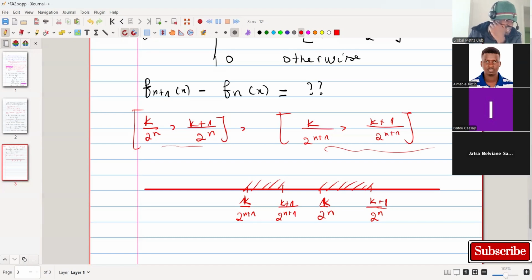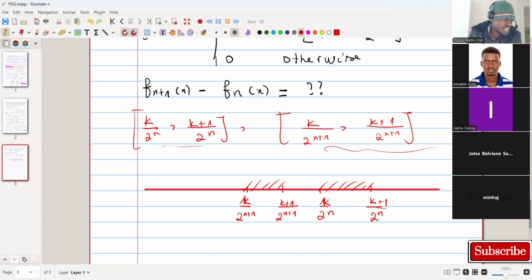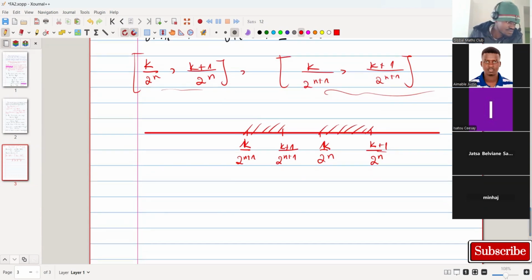So it means that we cannot say anything about fn plus 1 and fn. We cannot do the difference fn plus 1 minus fn, because we don't have any point between fn plus 1 and fn. So it means that the sequence is not increasing, and it's not decreasing. It does not exist.